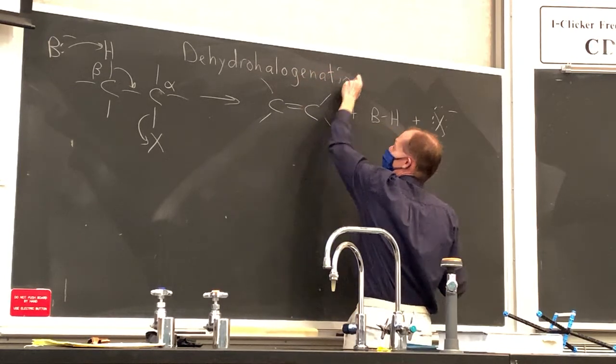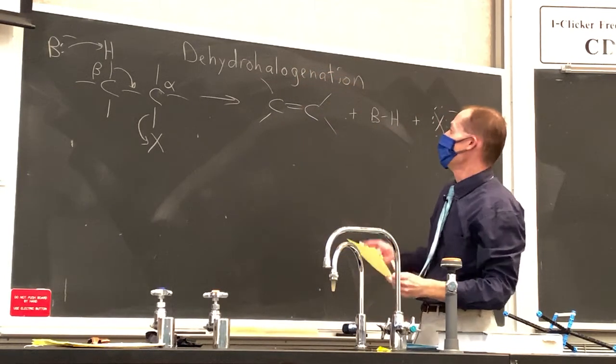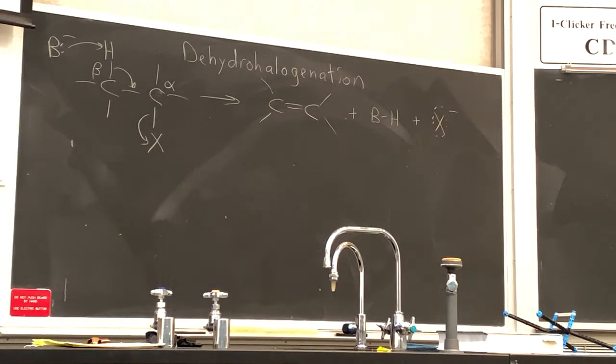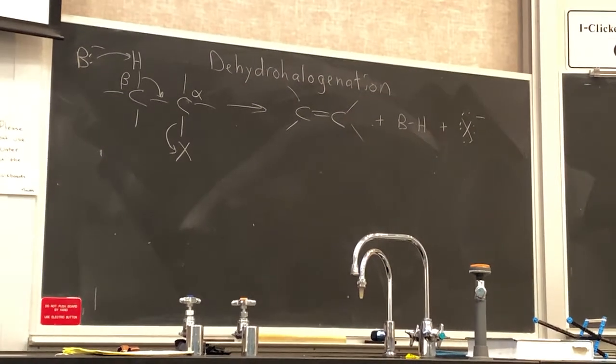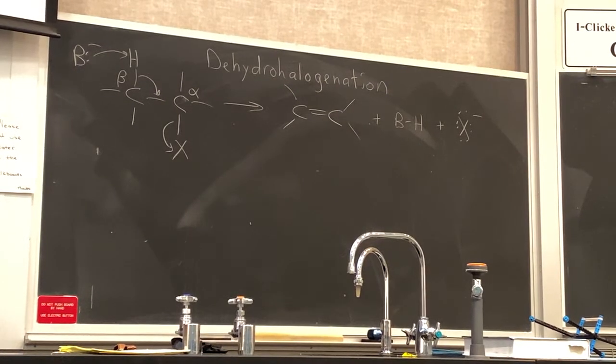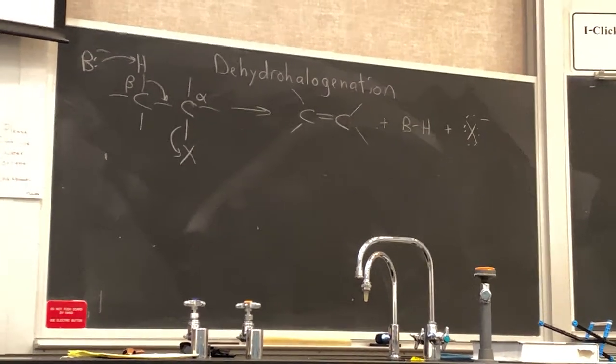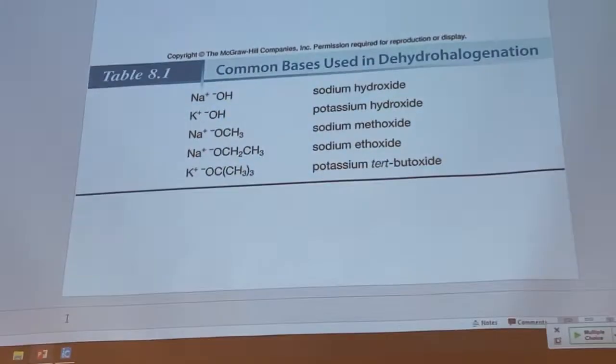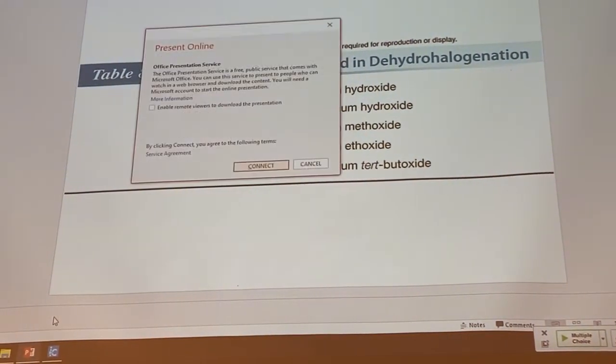That is a mouthful. It takes a lot of space to write it across the board. Dehydrohalogenation is just referring to the two groups that are being lost in the reaction, a hydrogen and a halogen. So that's where the name comes from. Okay? So this table right here shows us, whoops, I didn't mean to press that button.